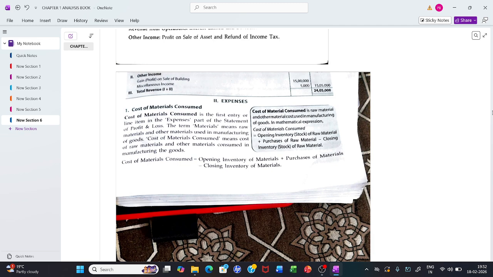In that we will have opening inventory plus purchases minus closing inventory of raw material. Cost of material consumed is opening inventory of material plus purchase of material minus closing inventory of material.